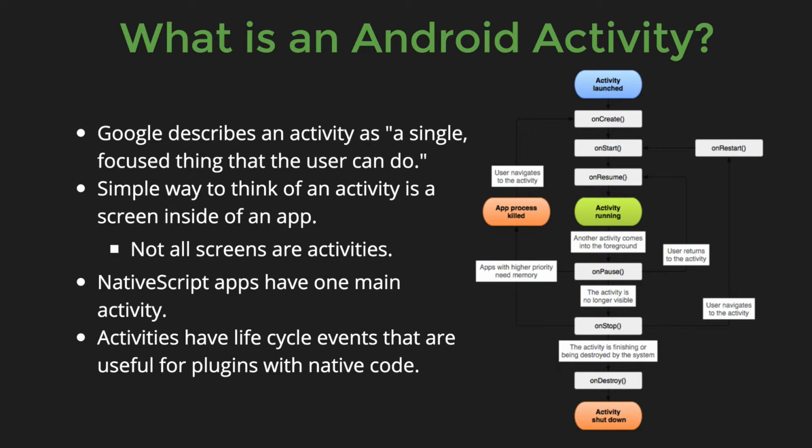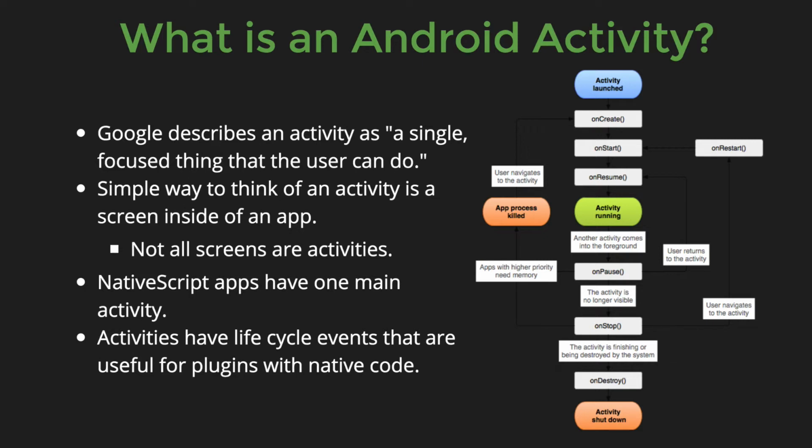And with NativeScript, the app has one core activity in the Android. It's TNS NativeScript activity, I believe, something along those lines. There is a second one, which is for errors, but the main driver of your NativeScript app is one Android activity, and your views, so all of your pages in NativeScript, get kind of shoved into that one activity.